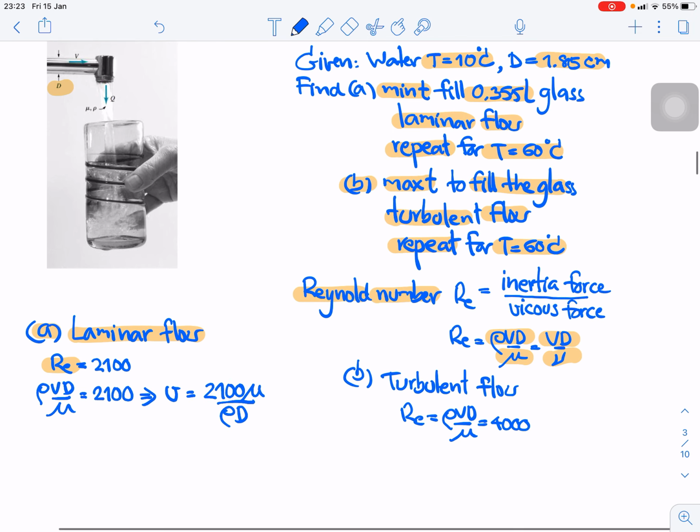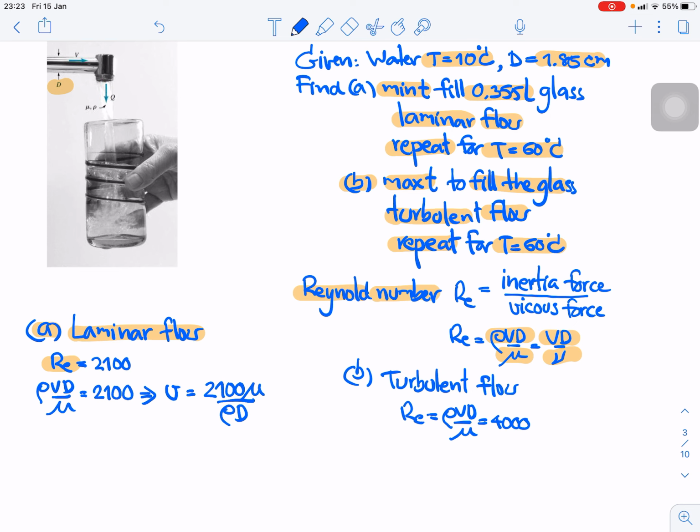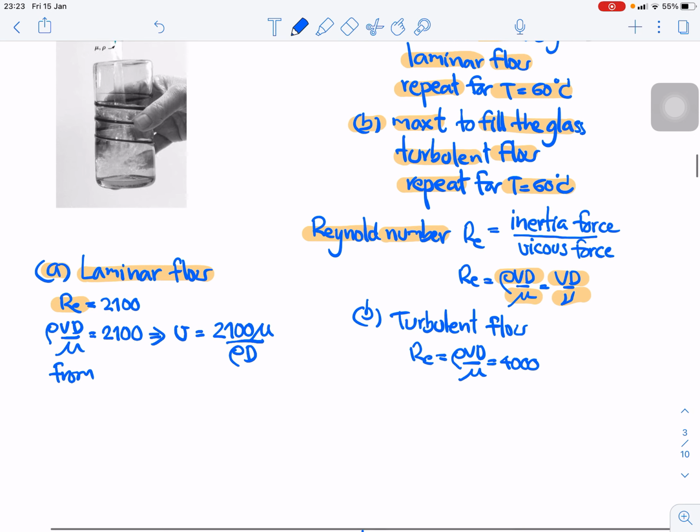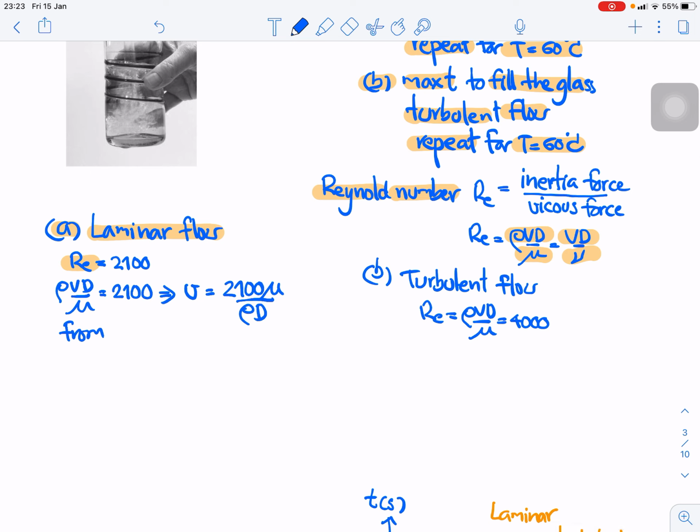Okay. And next we have to identify what mu and rho are from the water properties.